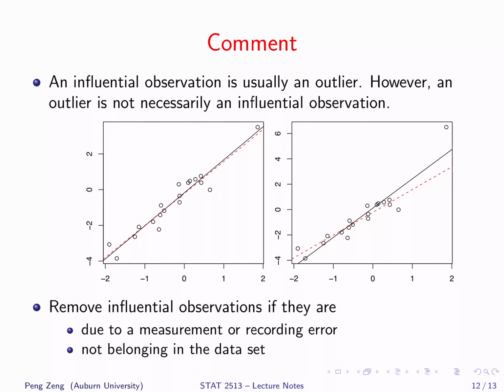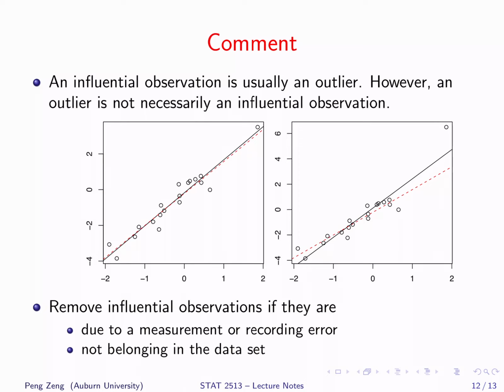It is simply because the outlier happens to lie on the linear trend of the remaining points. Therefore, it does not matter with or without this outlier. In the second plot, the outlier does not follow the pattern of the remaining points. Therefore, it will influence the regression equation when we remove it.